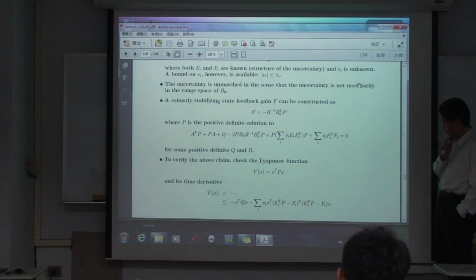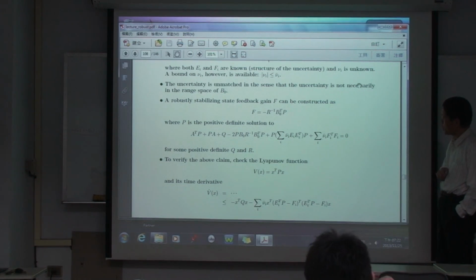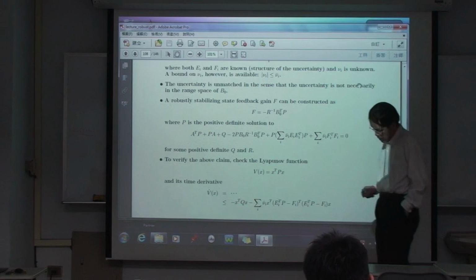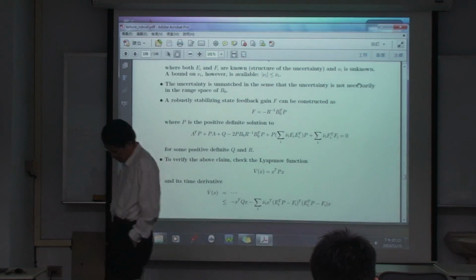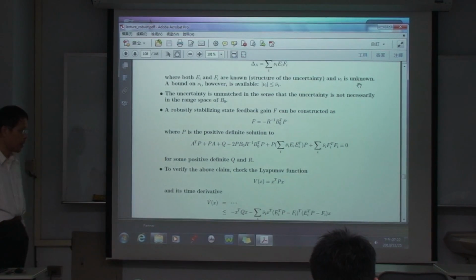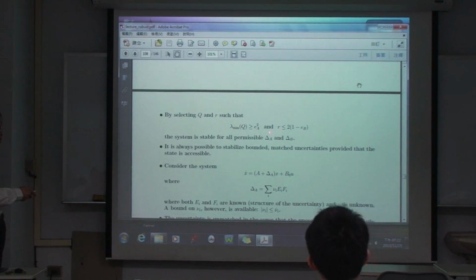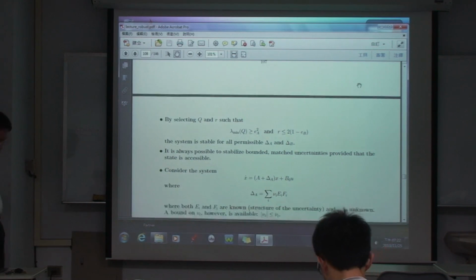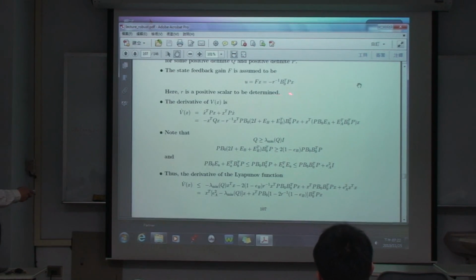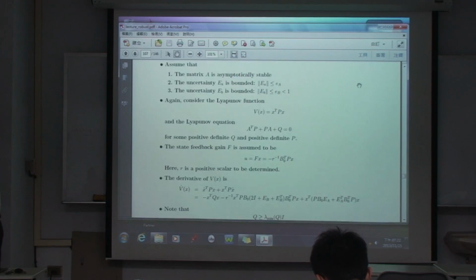So what's the difference? The difference is very important. The difference is, for matched uncertainty, the equation, the Q and R can always be found. That means the controller can always be found. So the controller is more or less guaranteed to exist as long as you satisfy this previous assumption there.